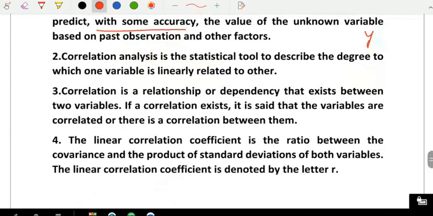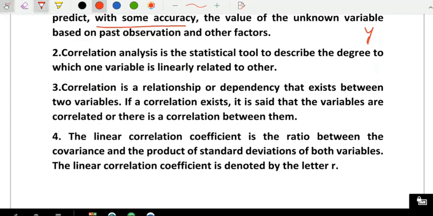So correlation is the relationship of dependency that exists between two variables. Same as I just told you. And if correlation exists, it is said that the variables are correlated or there is correlation between them.